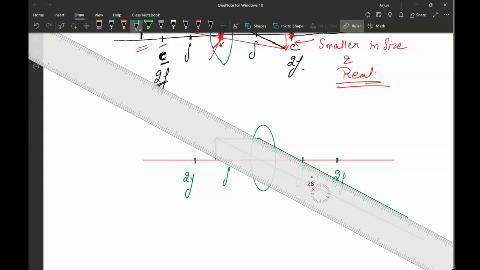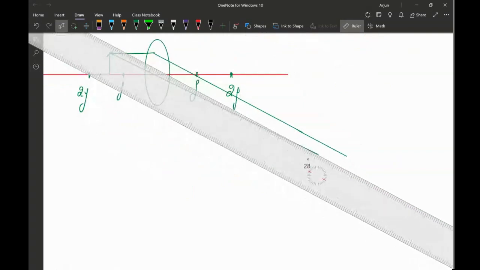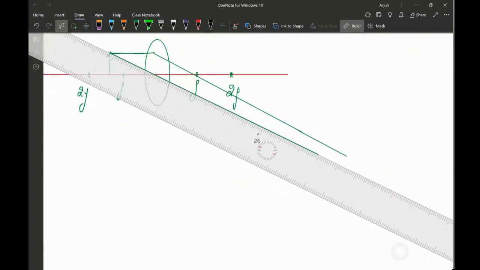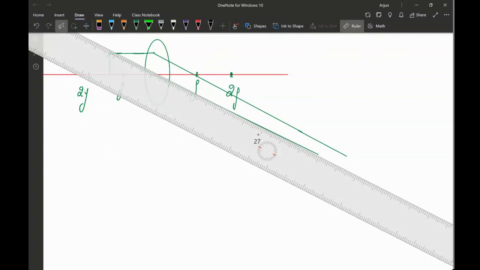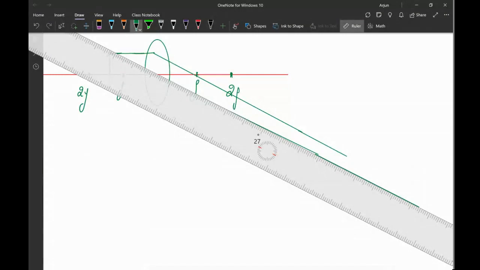So you can see these two rays are going to meet way away from the focal point. So I have to keep extending the line. So somewhere here, so it goes way away.